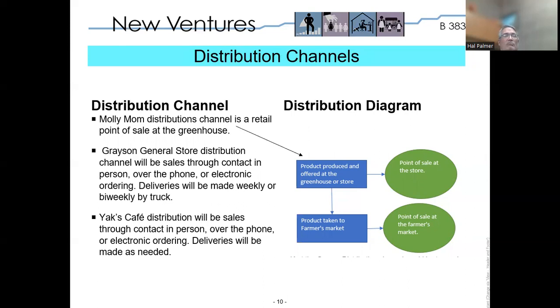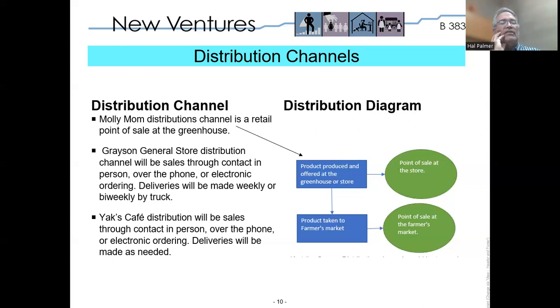Of course, with the stores, we would also want to deliver that to the stores rather than have them come to our location. And we can provide a nice display that they can use in the stores with our products.